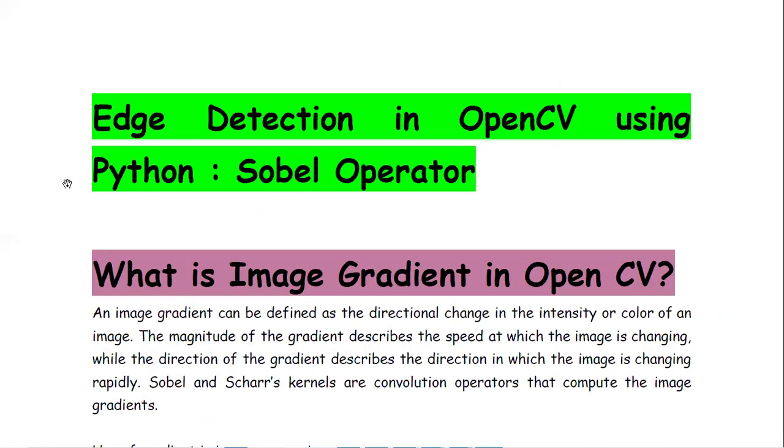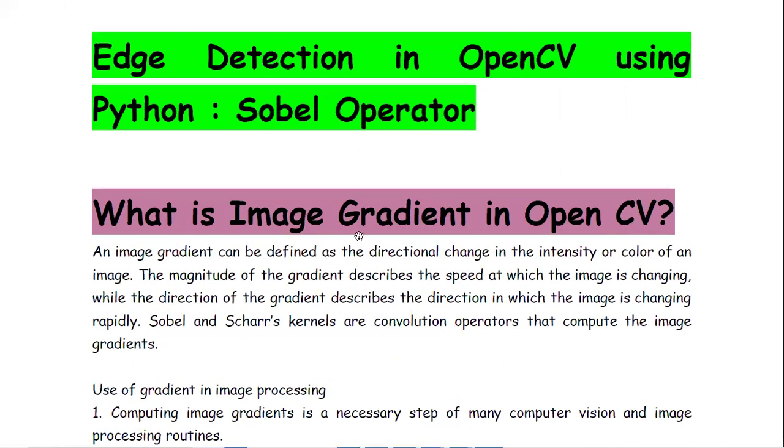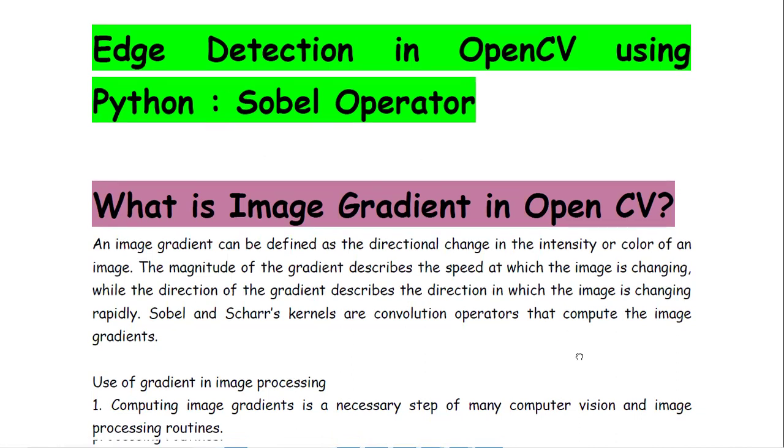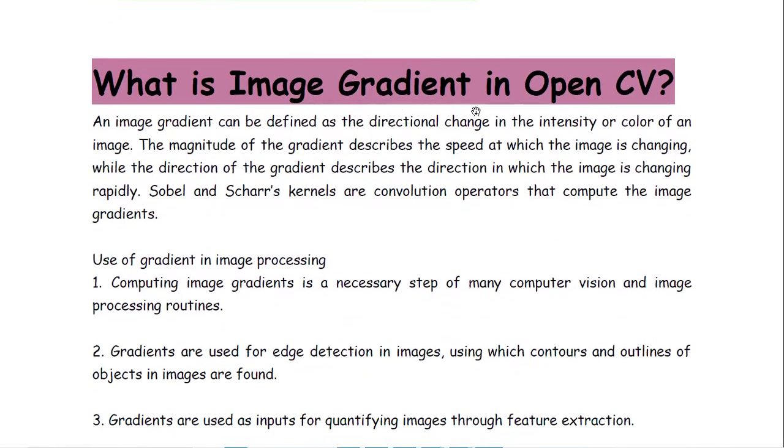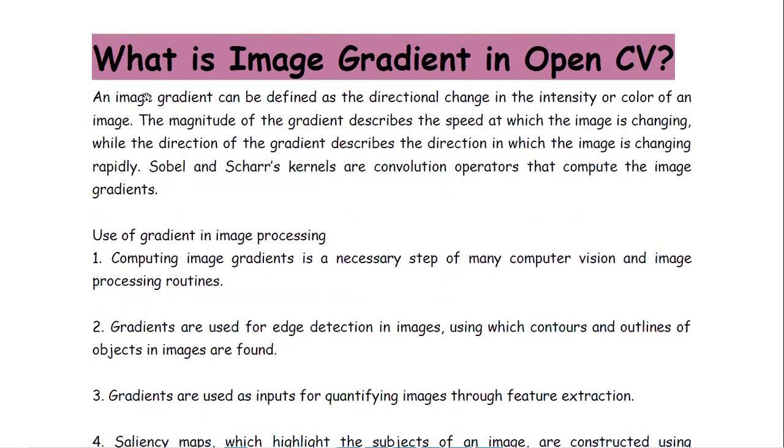So I'll start from the very beginning, right? Our class name is edge detection in OpenCV using Python, Sobel operator. Now, what is image gradient in OpenCV? What do you understand by image gradient? An image gradient can be defined as the directional change in the intensity or color of an image.